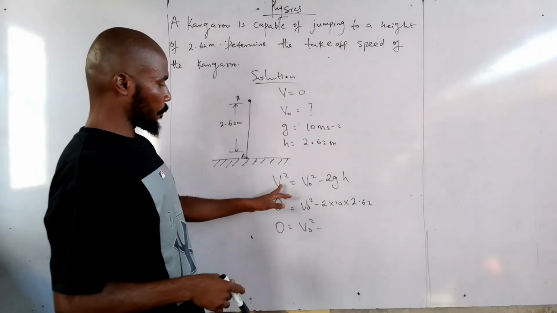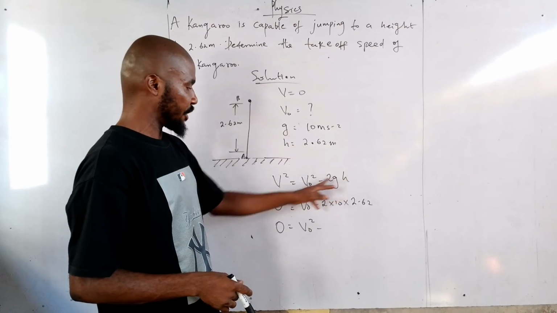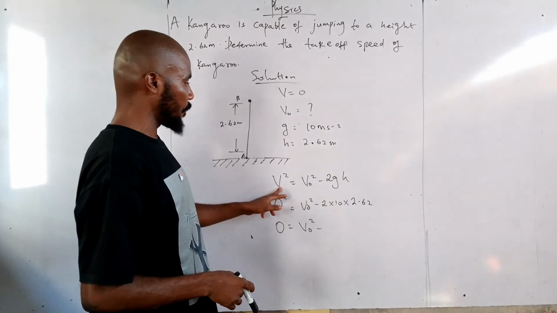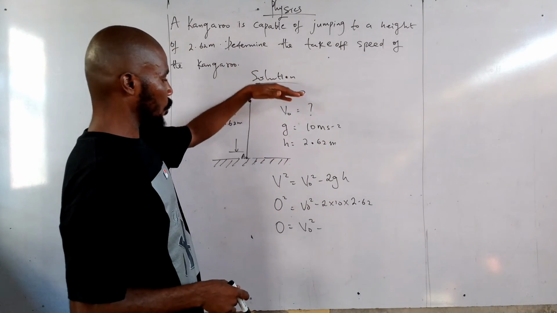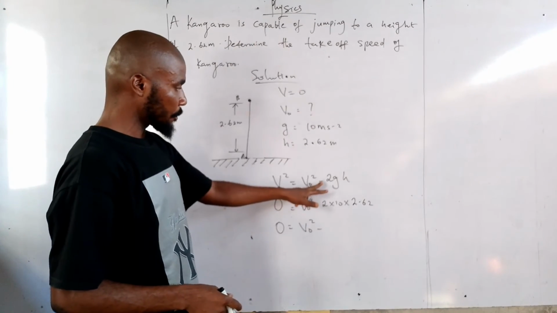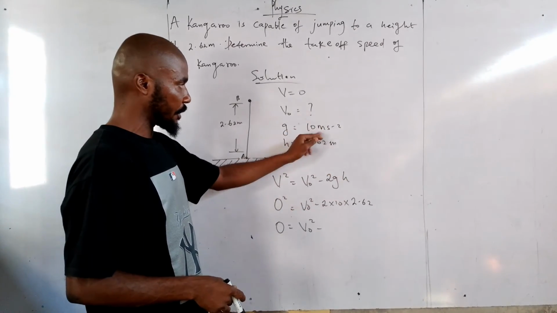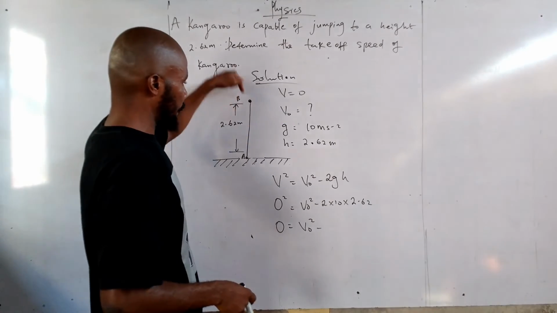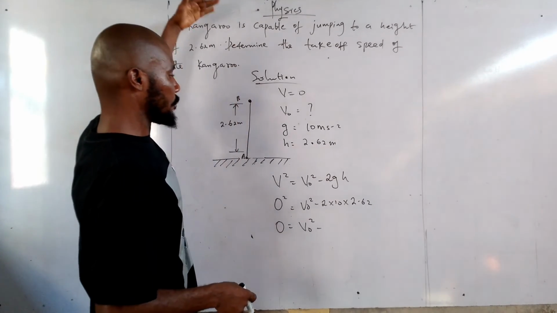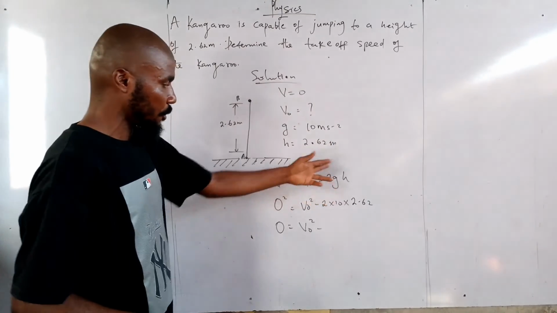Using this formula, V squared equals V0 squared minus 2GH, V stands for the final velocity and is equal to 0. V0 is what we are looking for, the speed used to take off from the ground, and minus 2GH. G is the acceleration due to gravity, 10 meters per second squared. H is the height the kangaroo leaps, and in this case it's just the displacement, but we'll replace it with the height.